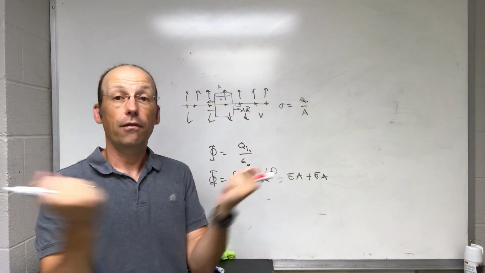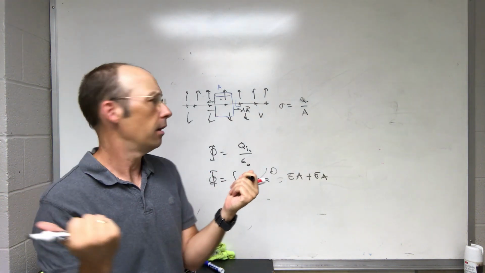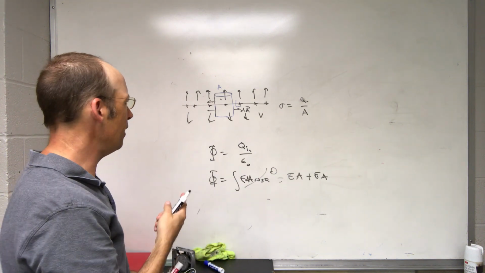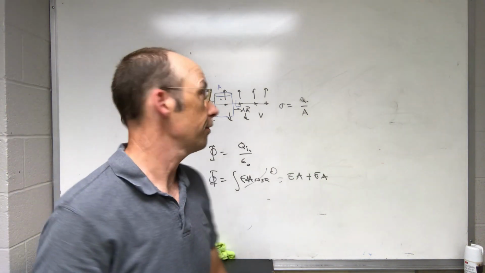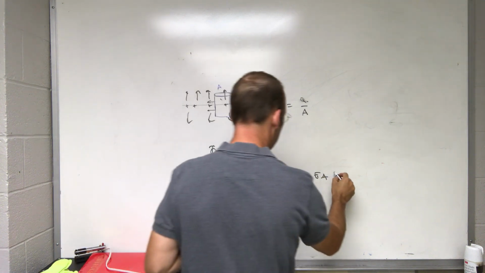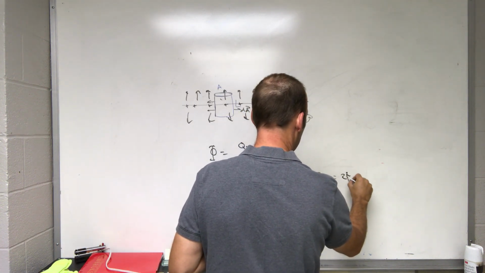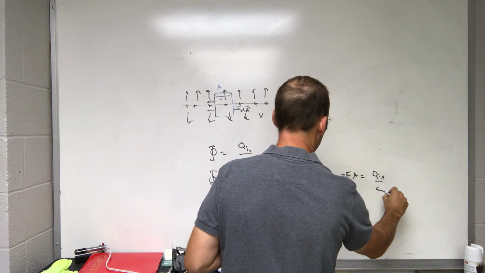Notice that if the fields are pointing outward, that's a positive flux because of the way we define the angle. And I think this is positive charge. Yeah, positive charge. Okay, so that's the total flux, and I set that equal to, so it's going to be 2EA equals Q_in over epsilon naught.